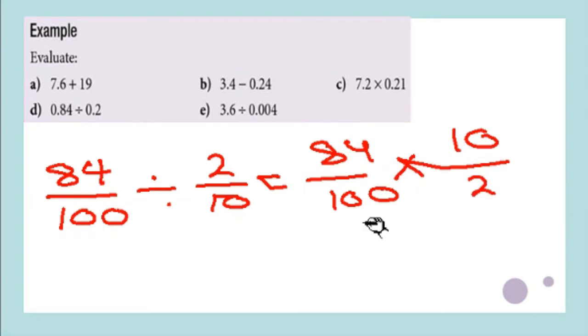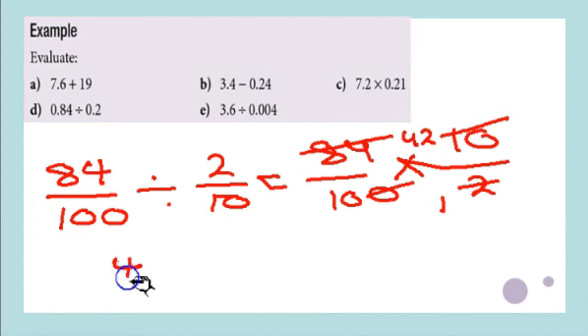Why? We had it in year 6: in dividing fractions, the second fraction's numerator replaces its denominator. Of course, 10 divided by 10, we take the first 0 here. 84 divided by 2 will be 42. It will be 42 over 10.